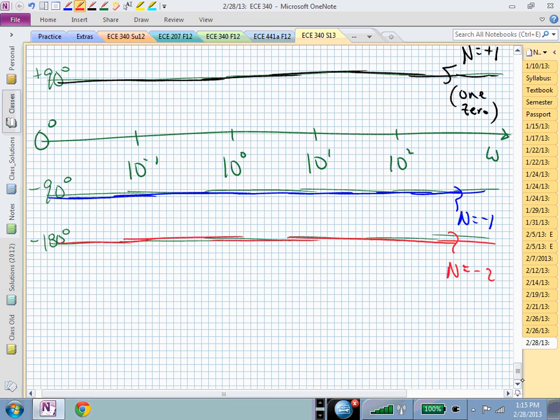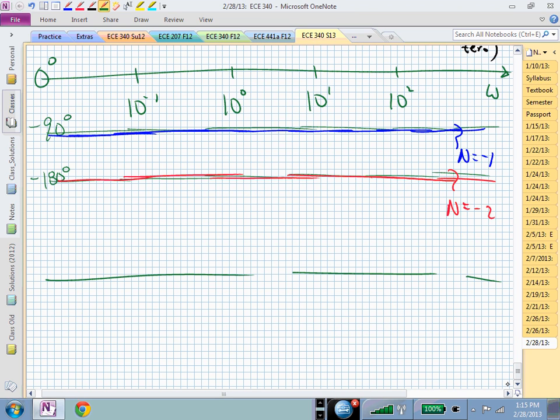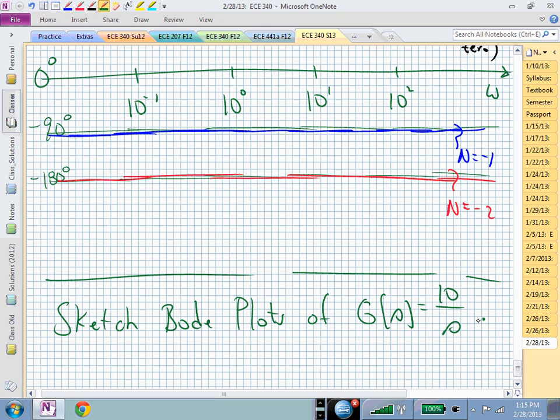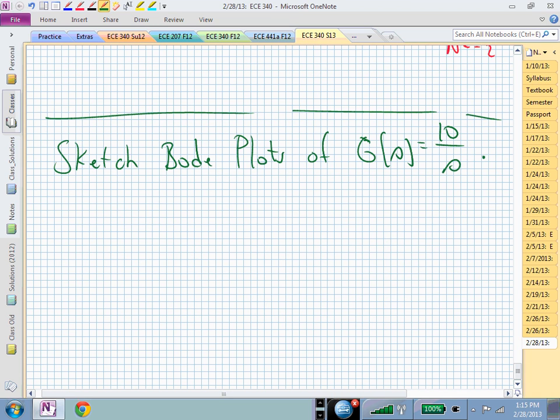All right, now it's time for the quiz. I want you to sketch the Bode plots of G of S equaling 10 over S. Now, if you're trying to think what that represents, this is a system.